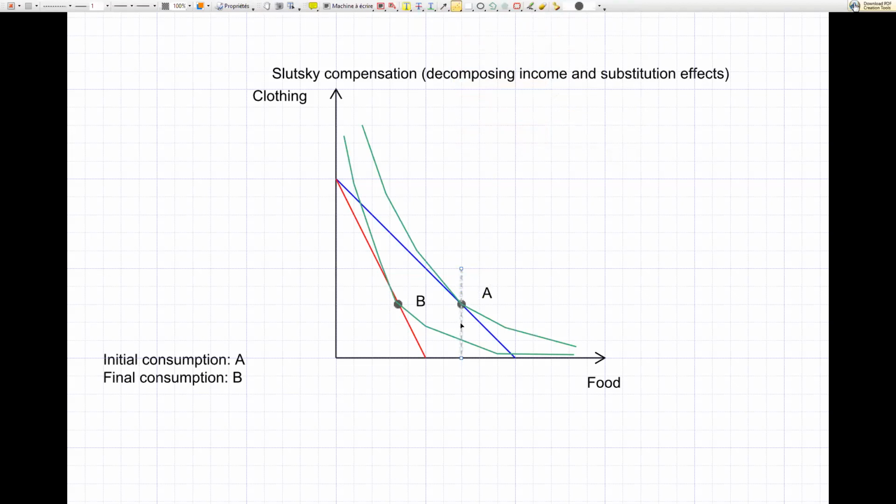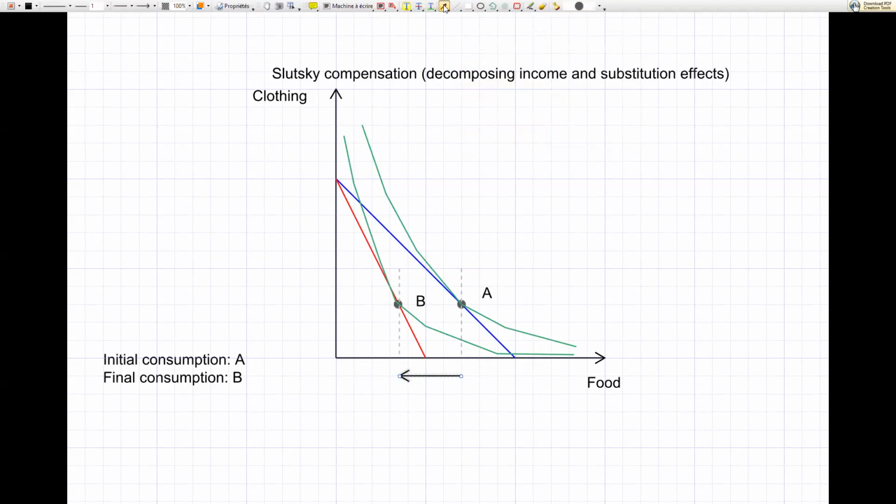Yes, good. Why? Because I was consuming a big quantity when the price of food was low, and then when the price doubled, I dropped my consumption from A to B. So this is what we see as the total effect.